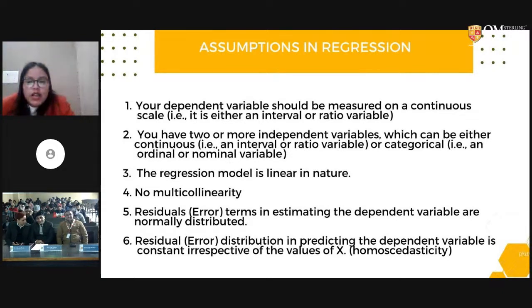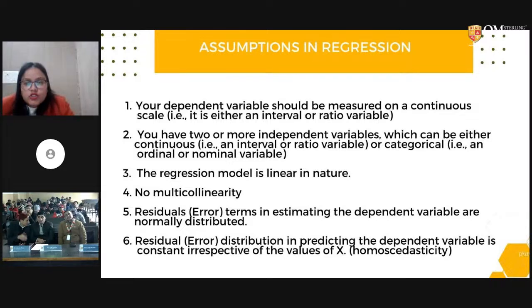We have the studentized predicted value, which is calculated in the regression equation. We will be using that value in the PP plots. We can draw a normal probability curve and find out whether our residual error terms are normally distributed or not.